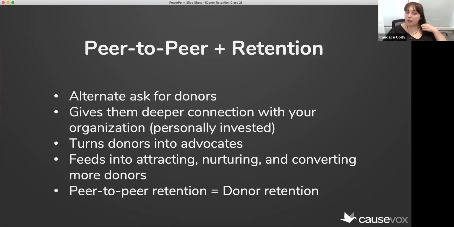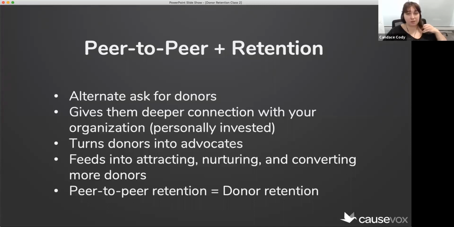So let's talk a little bit more about peer-to-peer and retention. It provides you that alternate ask for donors, whether this be someone that gave once, or likely you're going to be targeting people that gave two or more times for peer-to-peer fundraising. It actually helps them develop a deeper relationship with your organization, and switches the narrative from them just giving to you to them becoming personally invested, because they are prompted to put into words why they support your organization and what that really means to them.